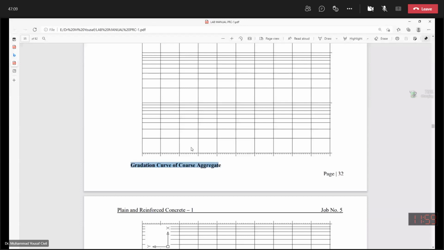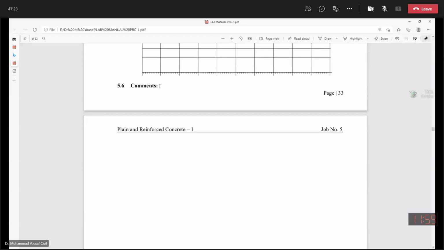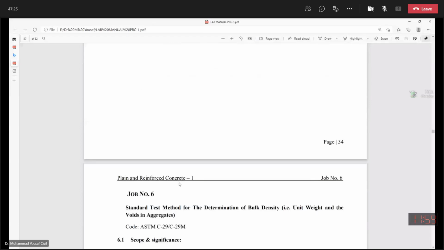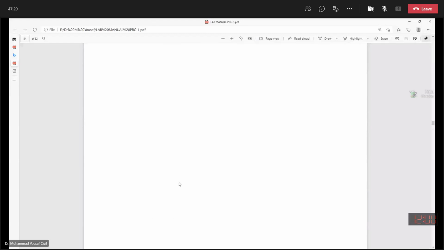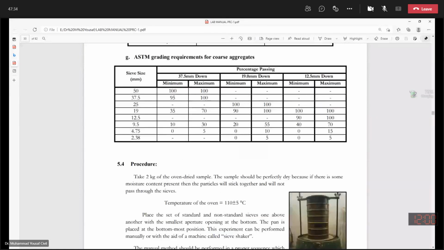And if you are getting it from the concrete lab, that is also equally good. Okay. And then you will be writing the comments and observations whatsoever you have observed, any discrepancy, shortcoming or confusion. Okay.